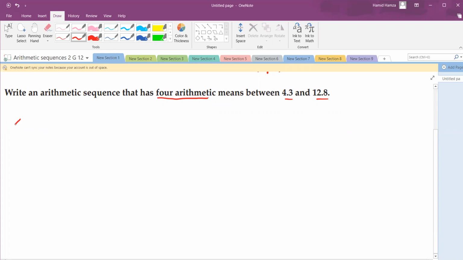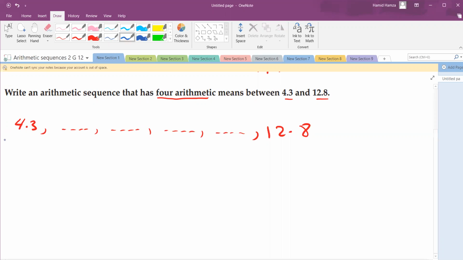This means 4.3, then 4 terms: 1, 2, 3, 4, and the last term will be 12.8. So I want to insert 4 terms between them, and these together form an arithmetic sequence.